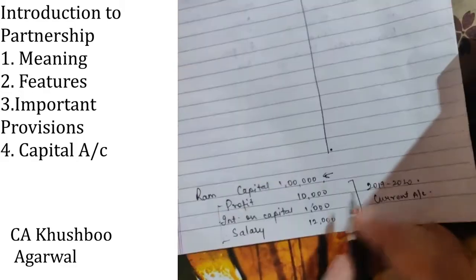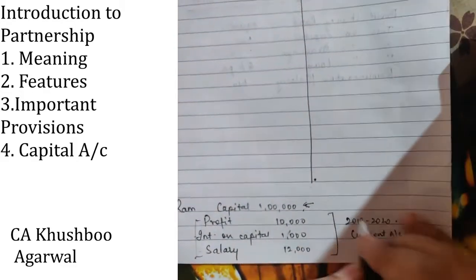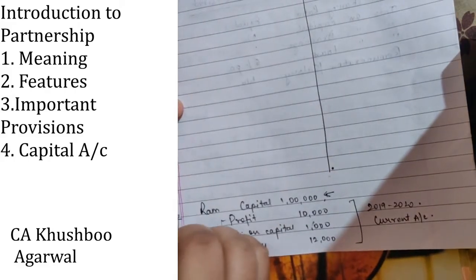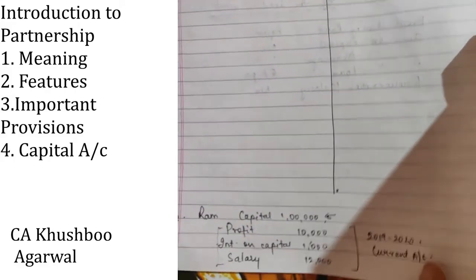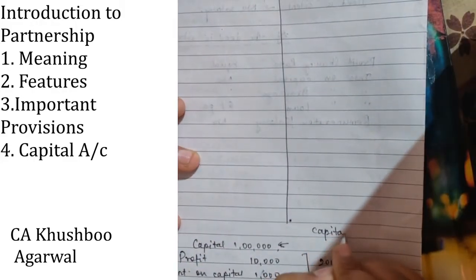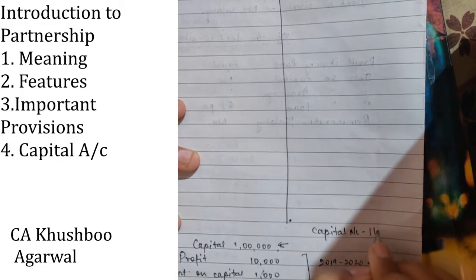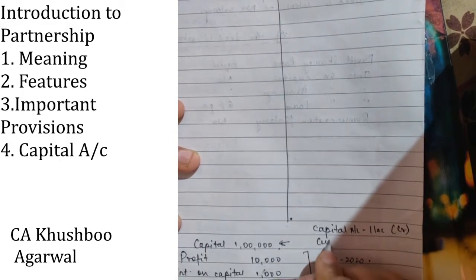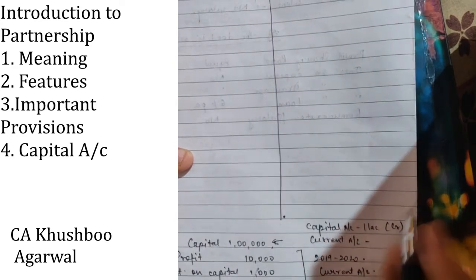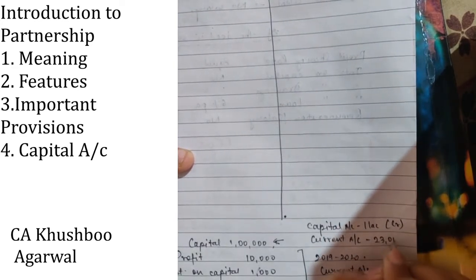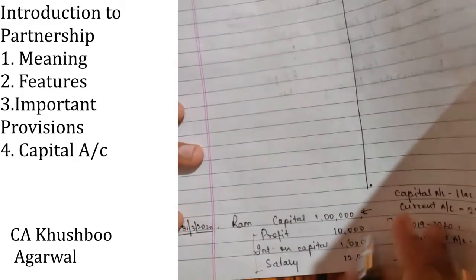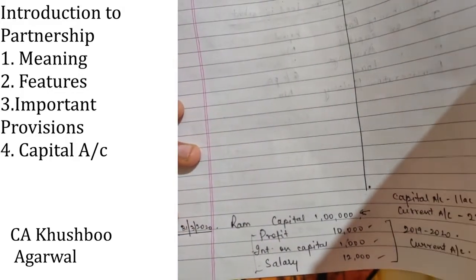So in this example, at the end of 31st March 2020, the capital account will reflect a balance of 1 lakh rupees credit, and current account will reflect a balance of 23,000 credit. That is 10,000, 1,000, and 12,000.